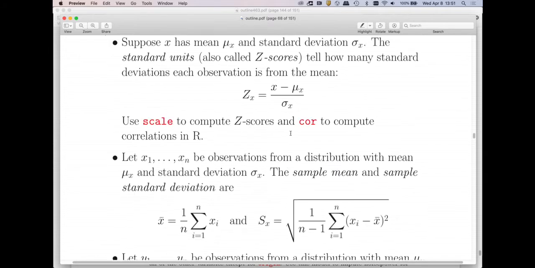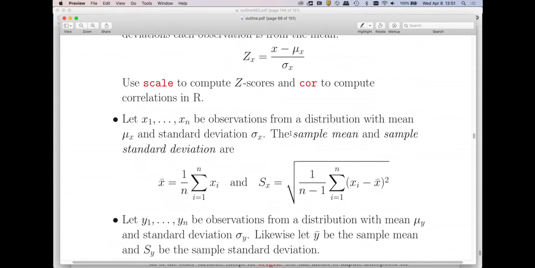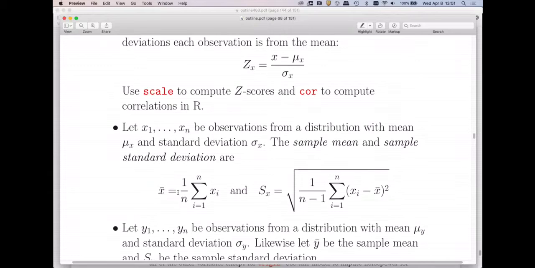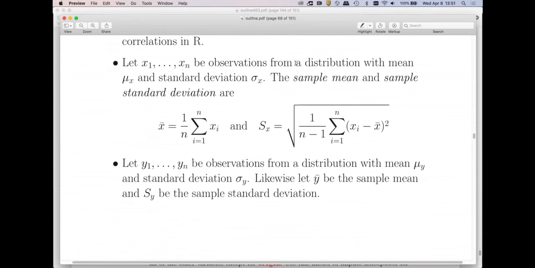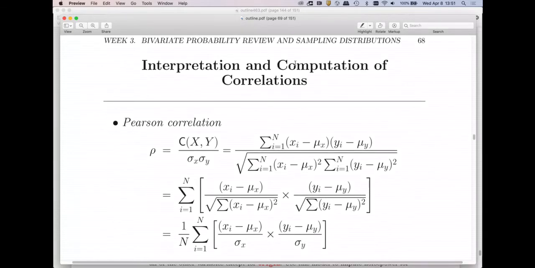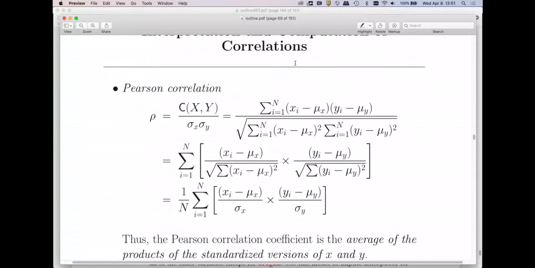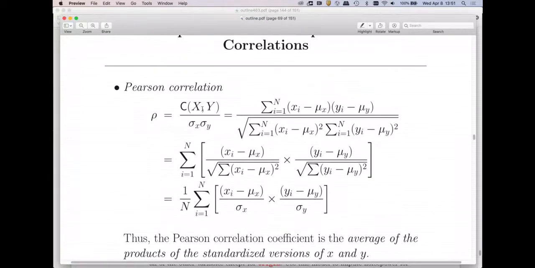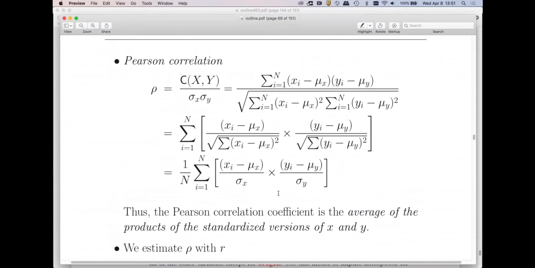Likewise for y. We estimate this with the sample mean and the sample standard deviation instead of the population mean and the population variance, which we don't know. All right. So remember what I said last time, Pearson correlation is just the covariance divided by the standard deviations. We can plug in our estimators and we end up with the same result I showed you last time.